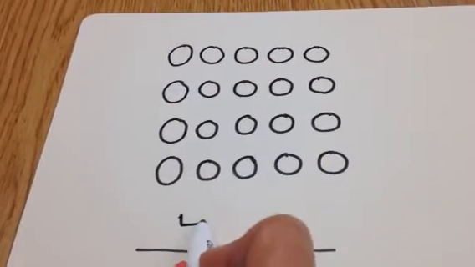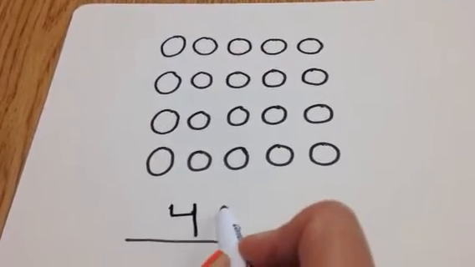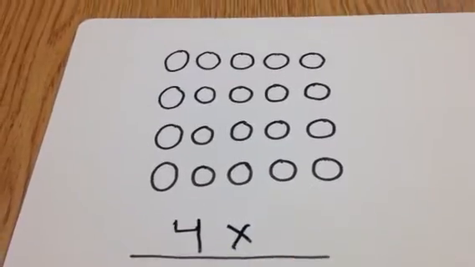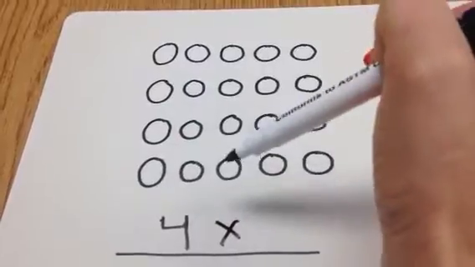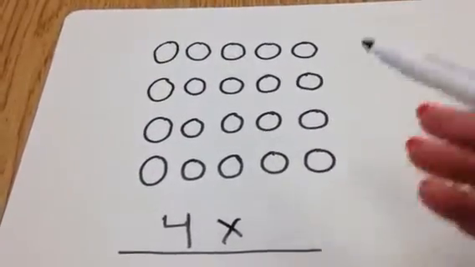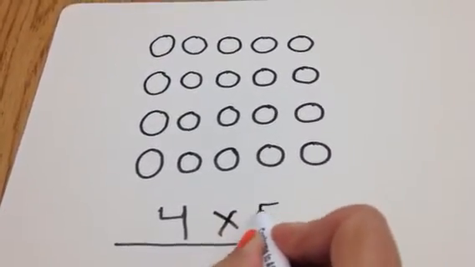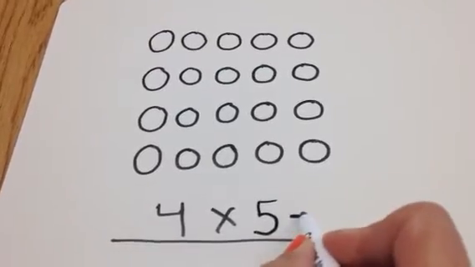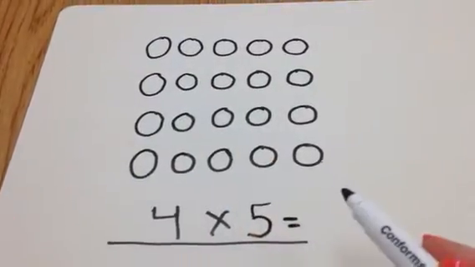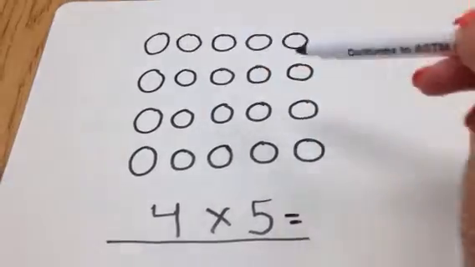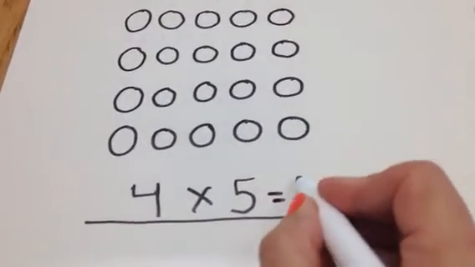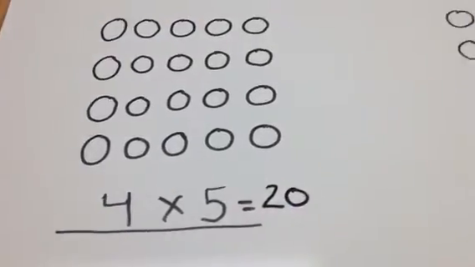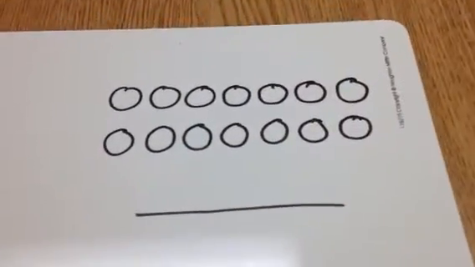There are 4 rows times how many columns? 1, 2, 3, 4, 5 columns. So 4 times 5 equals, and then you count them up, or you count 5, 10, 15, 20 to get your answer.